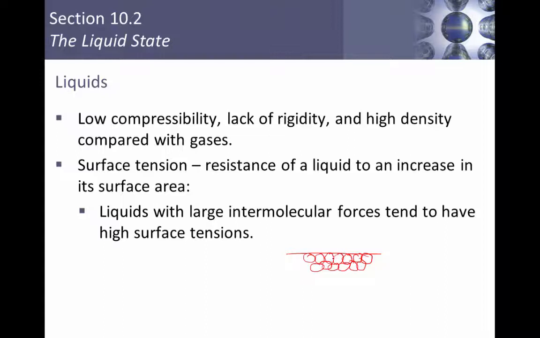We have forces between the molecules in three directions, but not up here. There's no force going on up here because there's no molecule up here. So these three molecules have that hydrogen bonding going on between them, and they're pulling tightly, and so they're causing this surface to form because of the tight packing of the molecules.